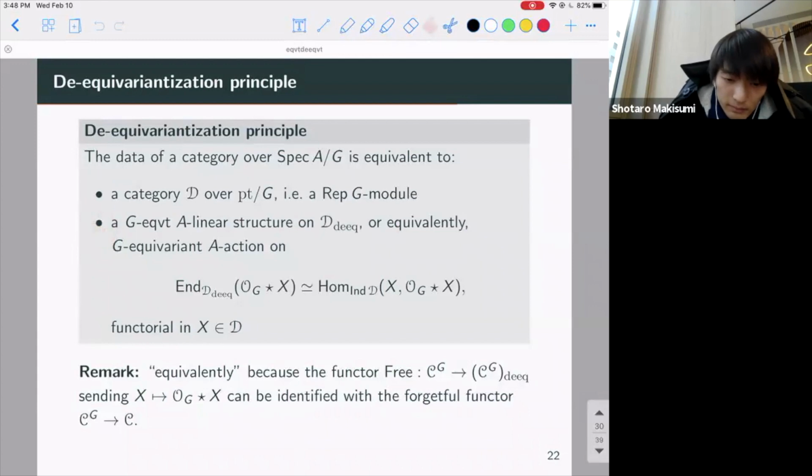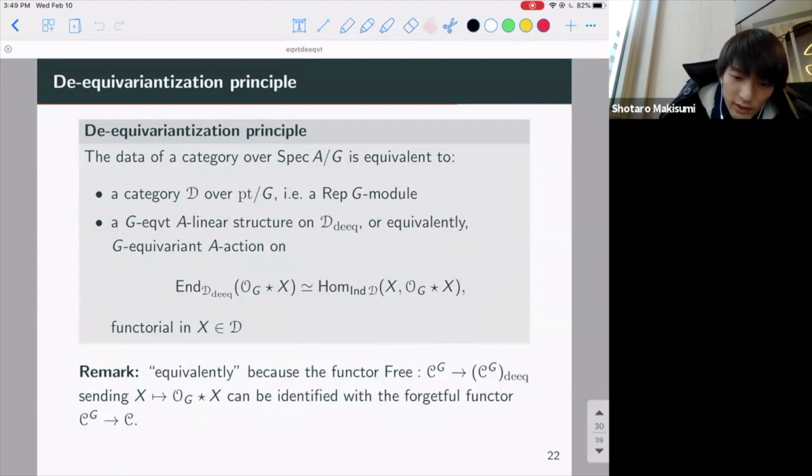Or equivalently, you can give an A action on these Hom spaces that are functorial in objects X and Y in D. So this equivalently part takes a little bit of explanation, but it's similar to the discussion we were having earlier.